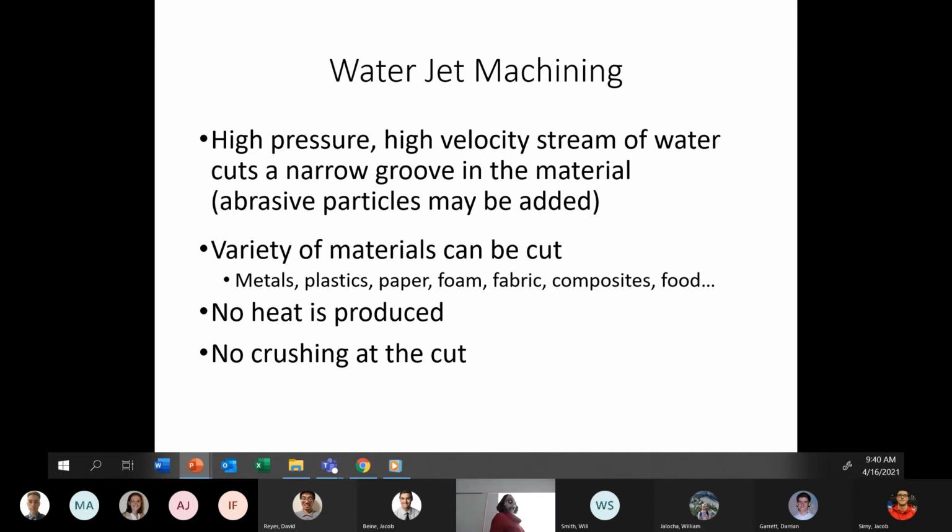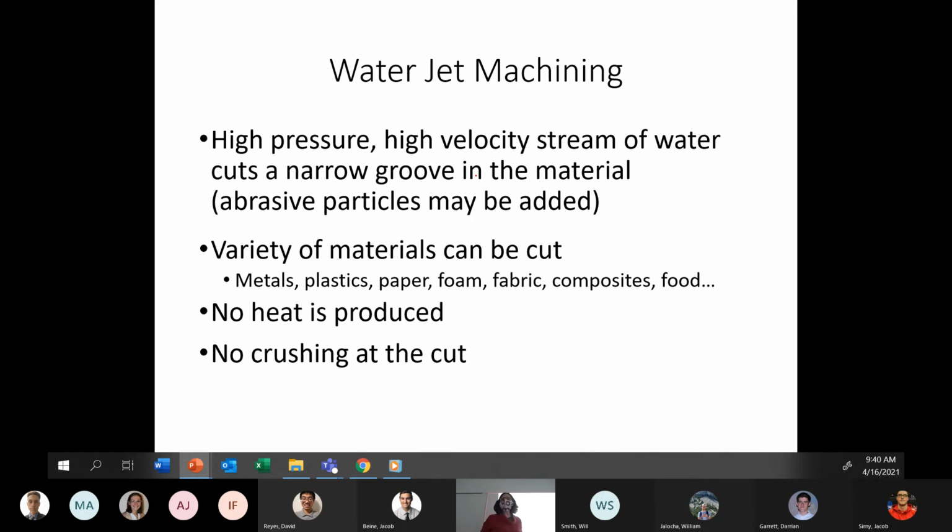It seems weird to think, how much destructive force can water be? But it actually can be significant. We are talking about very, very high pressure and high velocity. So we're just cutting a narrow groove in the material, and the groove we can cut is very, very thin.